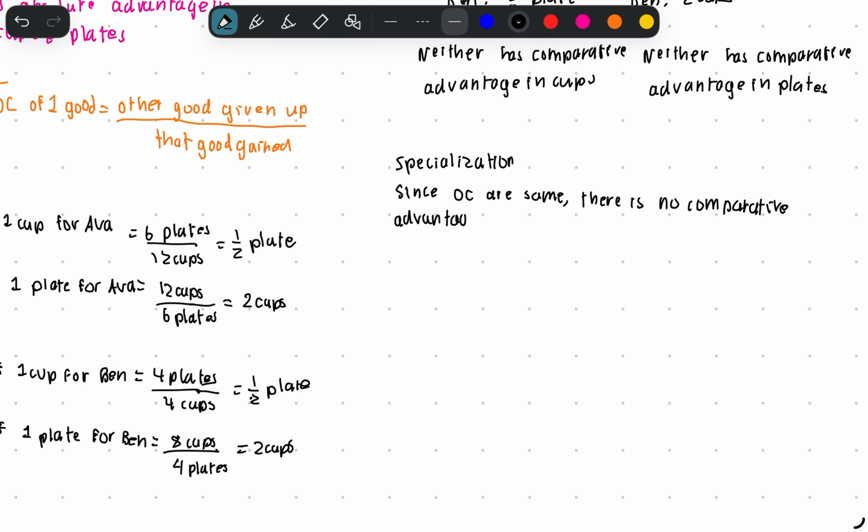When there's no comparative advantage, that means that no one should specialize based on comparative advantage, since there is none.